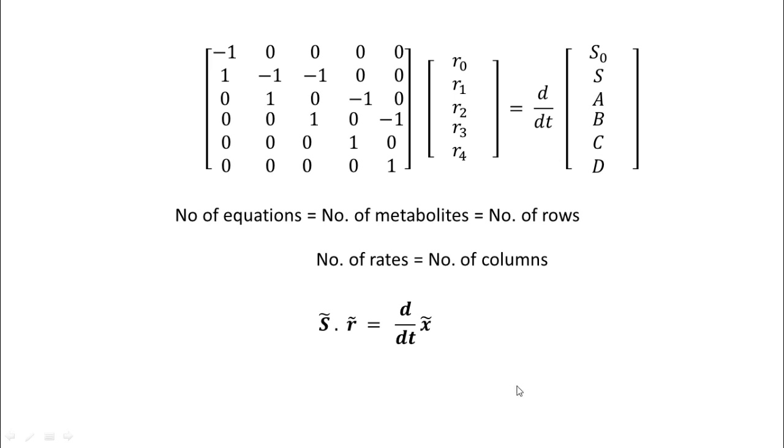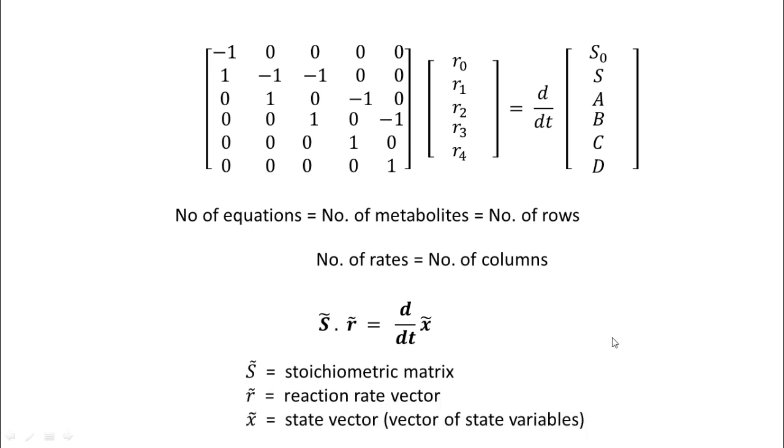It's of course cumbersome to convert them into a computer program, but once you've converted them, you can do all sorts of modifications if you look at it in this form. So that's the reason why we got it into this form. R is the reaction rate vector, and x is the state vector, the vector of state variables. In other words, the metabolites are state variables.